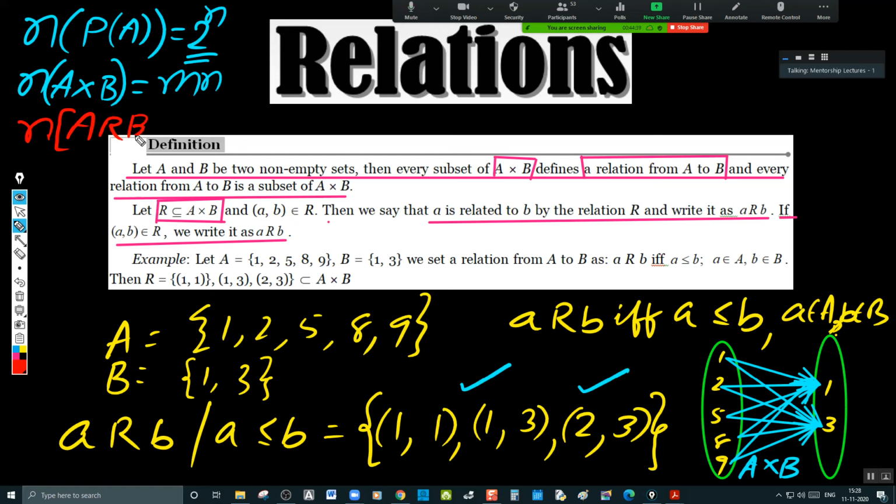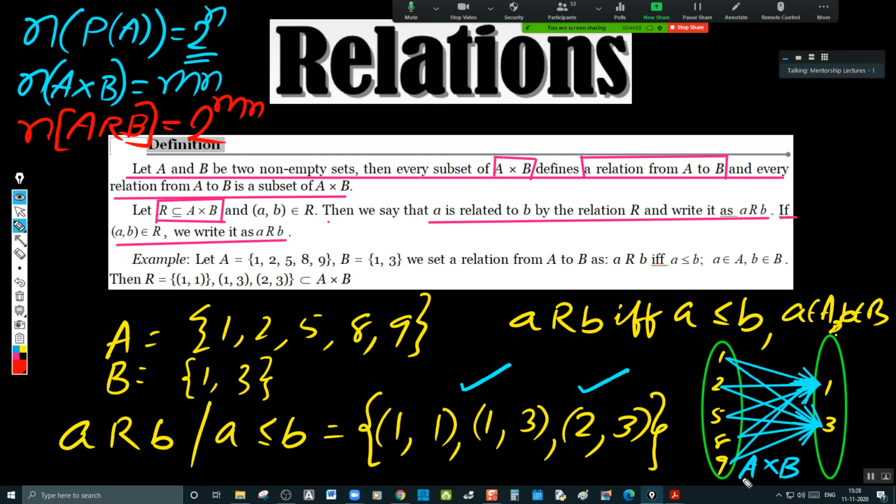Relation. In place of n, you will get mn, so 2 power mn relations will be there. So the number of relations that can be formed is 2 power mn.